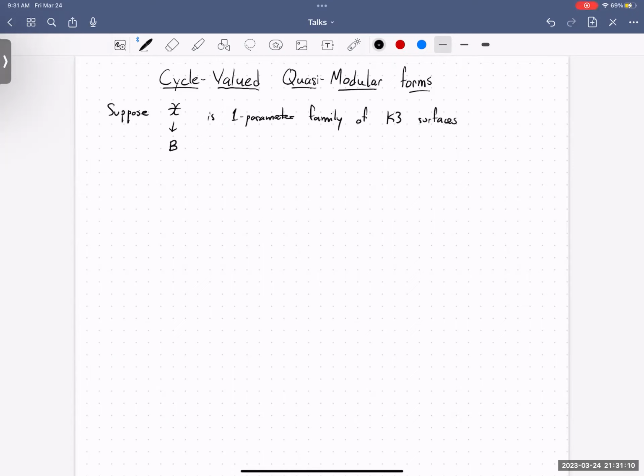And the question is, for which points in the base, so which b, where X_b is the fiber of the family, does it have extra algebraic cycles? In this case, it's just a curve class because we're on a surface, but more generally, you can have algebraic cycles in different dimensions. So I have an extra algebraic curve class.